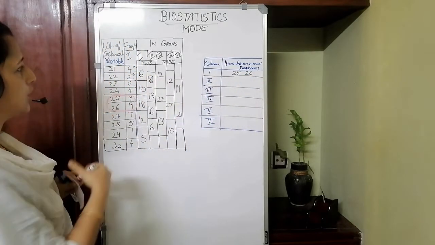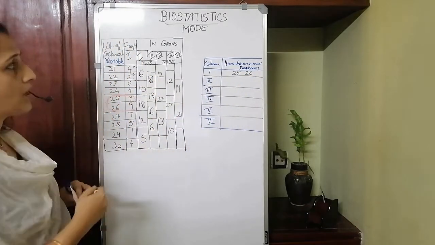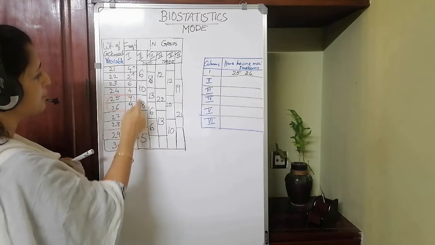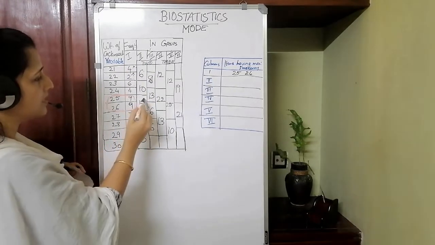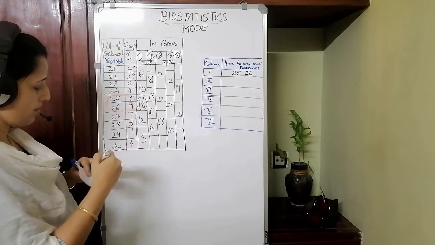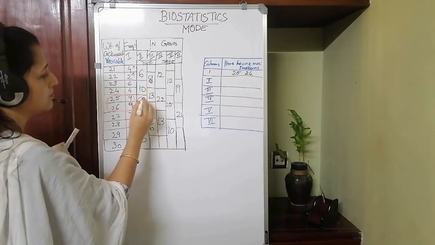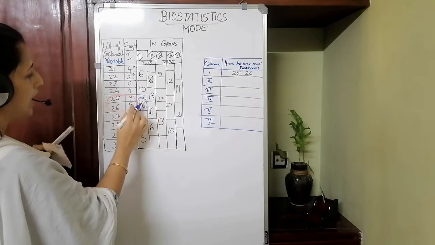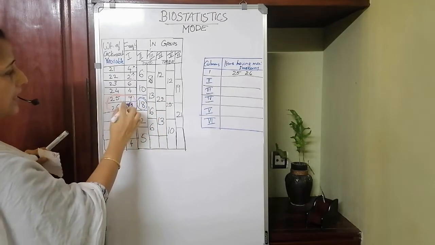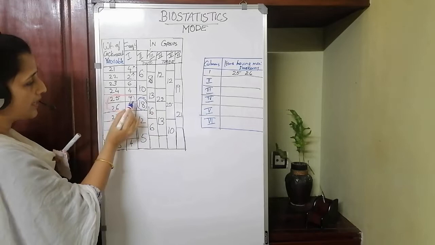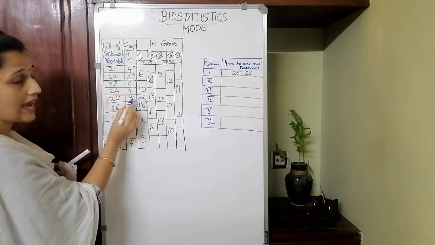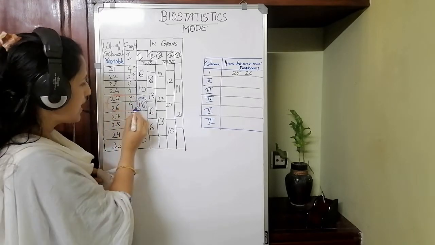Then next in column 2. Column 2, the maximum frequency is 18. So how did we get 18? By adding 9 plus 9.